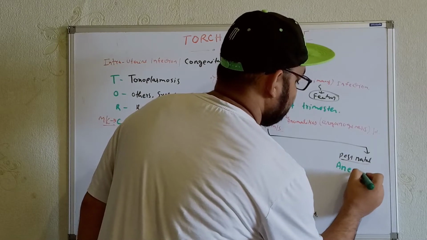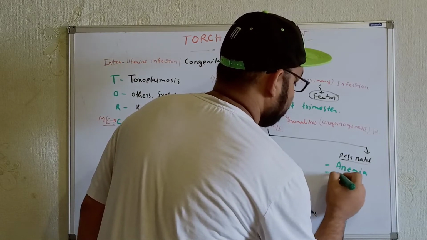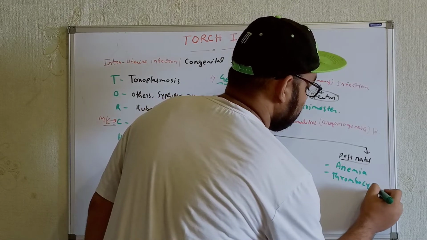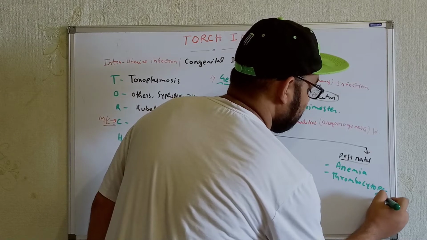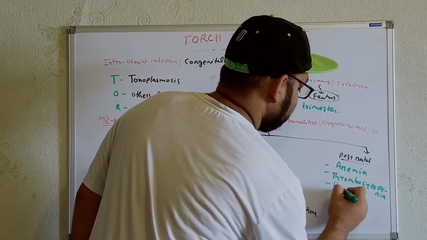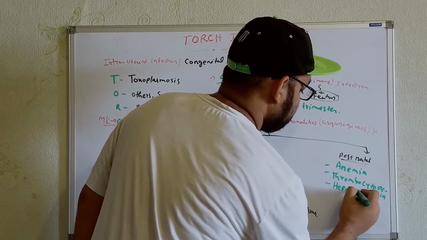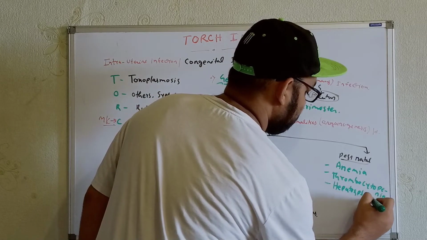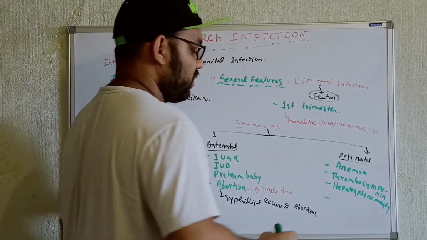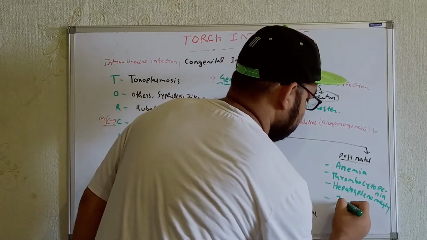We get the anemia, we can get thrombocytopenia, we can get hepatosplenomegaly, and we can also get neonatal jaundice.